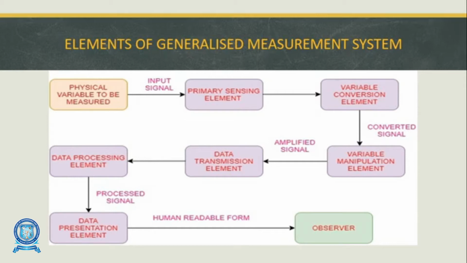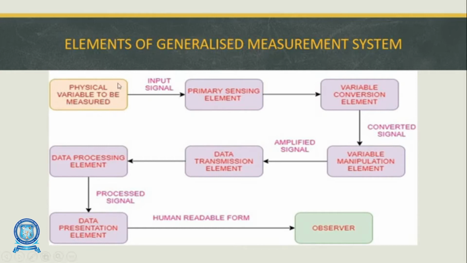Here the first one is physical variable to be measured. Physical variable to be measured is nothing but the element which we are going to find out the measurement.